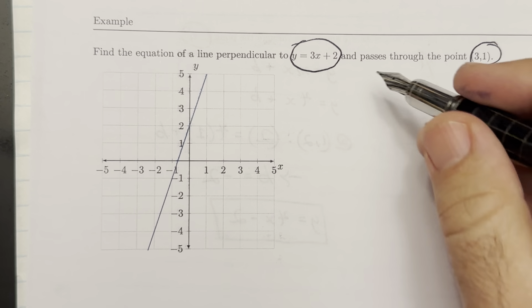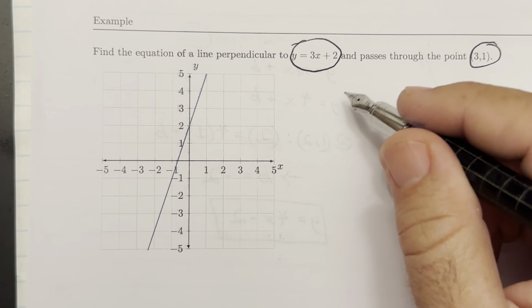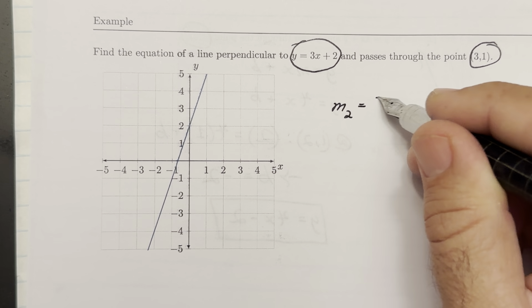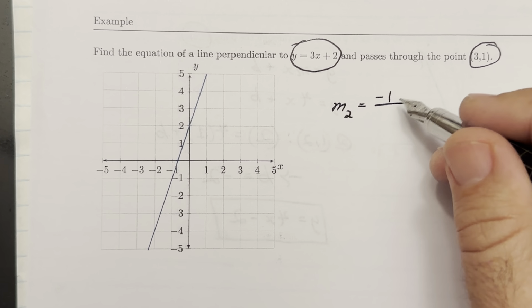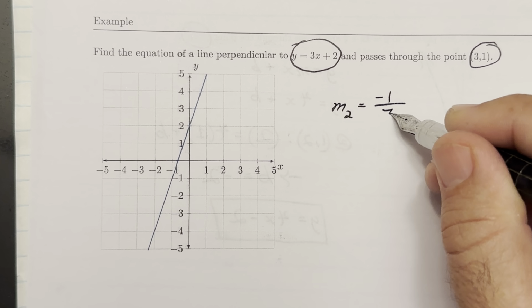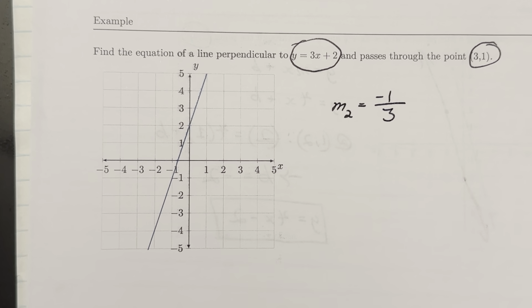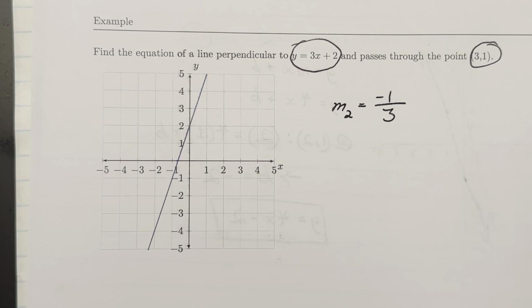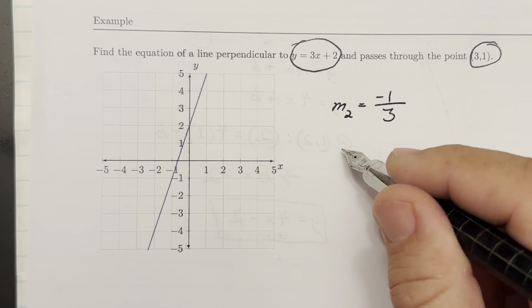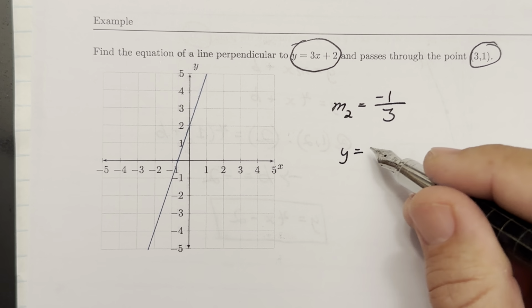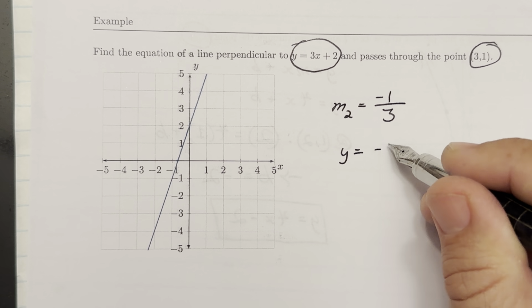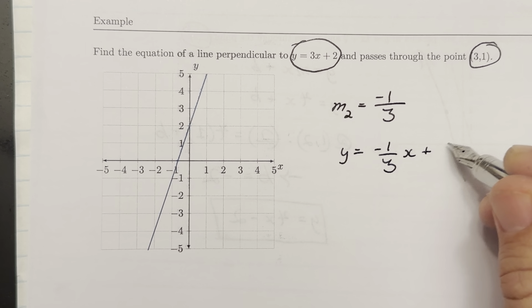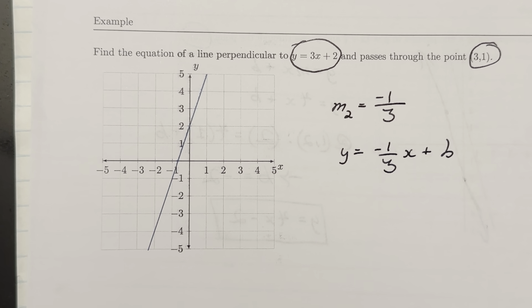So the slope is 3, so the slope for our second line will simply be -1 divided by the slope of the first line. So -1/3 is going to be the new slope. And so a model of our line will be y equals -1/3 times x plus b, just like that.